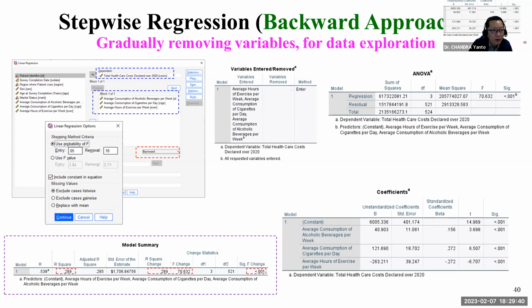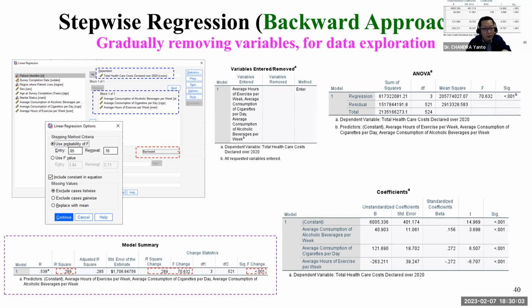So again, with the same approach, you enter a dependent variable and 3 independent variables, and you go for backward, right? And it shows you this approach. Your dependent variable is total healthcare and the variables are entered all at once. The model summary gives you just one model because it finds that only one model can best explain the results.